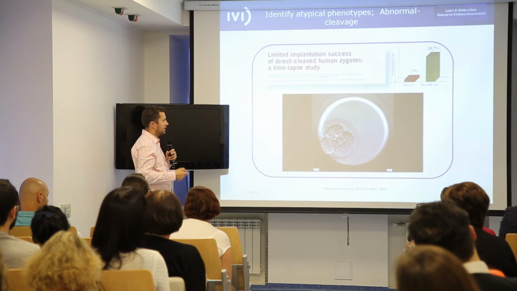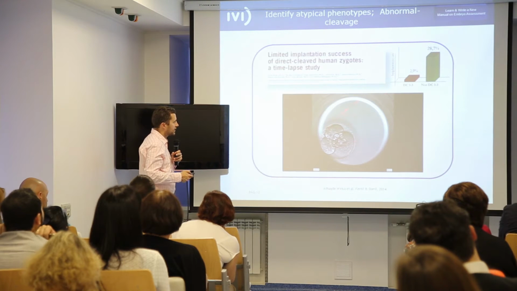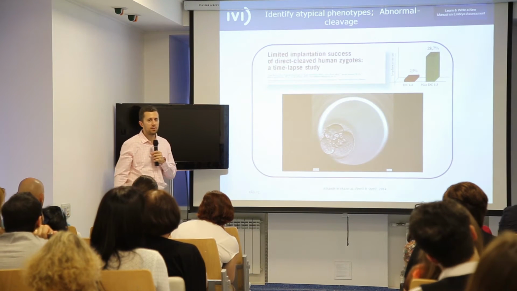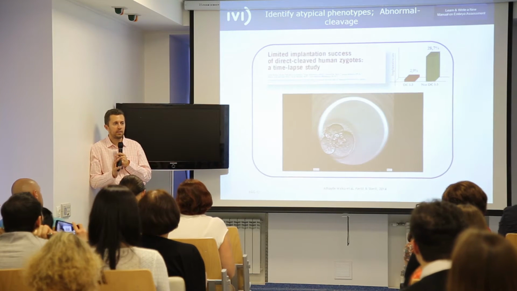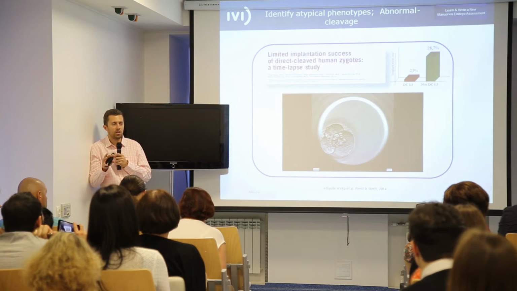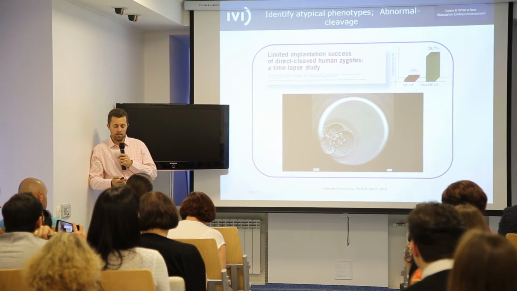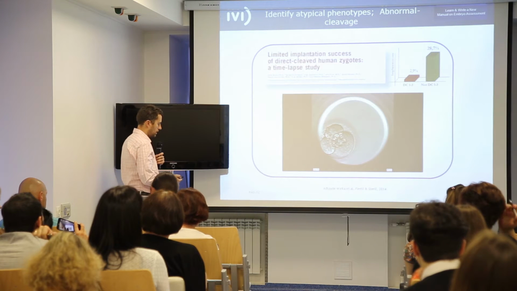But what is really important is that if you have the chance to observe this embryo with direct cleavage, the implantation rate of this embryo is below 3%. So just by having time lapse, you are able to detect that embryo. If you are able to discard it or not select it initially, you are sure that for sure your results will be better. Okay, so just taking a look at those cases.